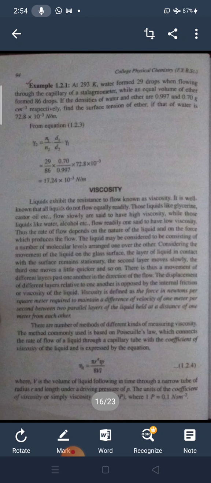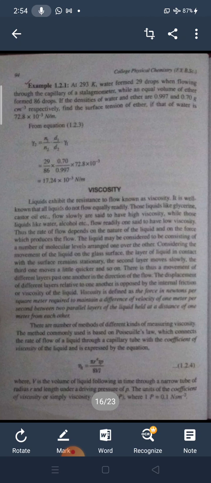There are a number of methods of measuring viscosity.